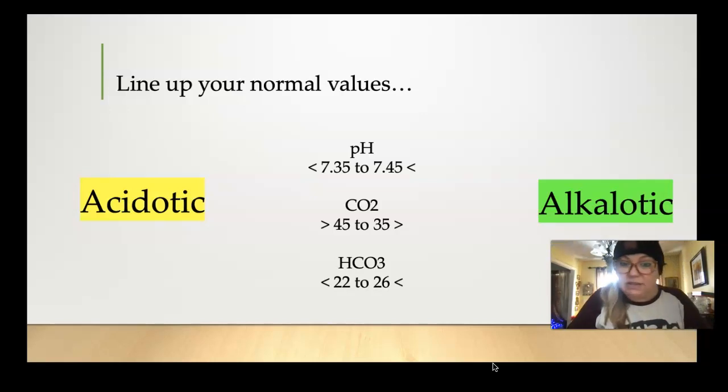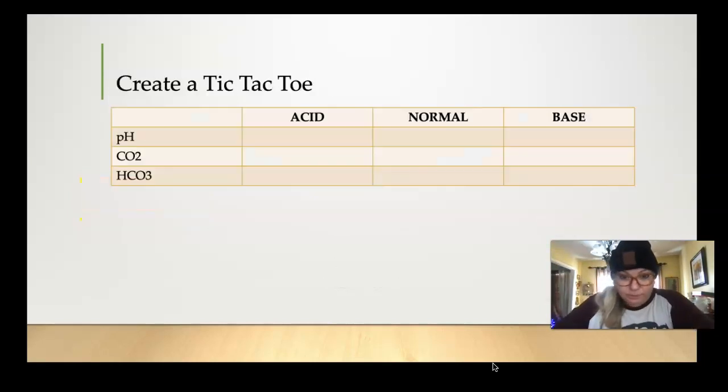And anything less than 35 is going to be alkalotic. So I flip it because I like everything to line up nice and pretty. And then your HCO3, which is your bicarb, anything less than 22 is going to be acidotic. Anything greater than 26 will be alkalotic. That way, you line up your normals, and wherever your values are, you can see whether they line up on the acidotic side or the alkalotic side, or if they're normal. So that's my suggestion to you.